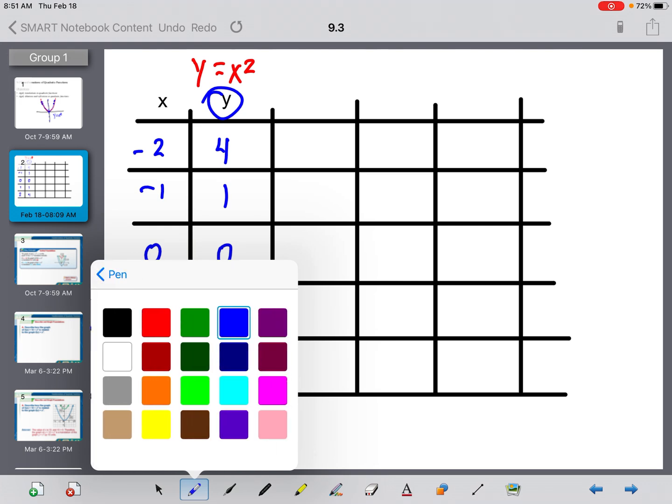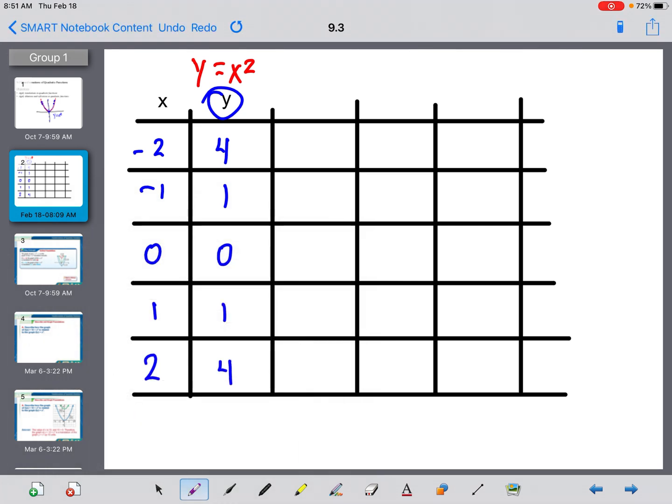If we decided to do y equal x squared plus 3, let's say, then you'd see how this would give you 7, because if that's x squared right there, then plus 3 would give you 7, plus 3 would give you 4, plus 3 would give you that, plus 3 would give you that, plus 3 would give you 7.